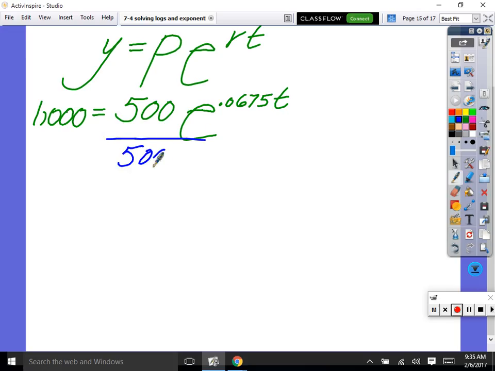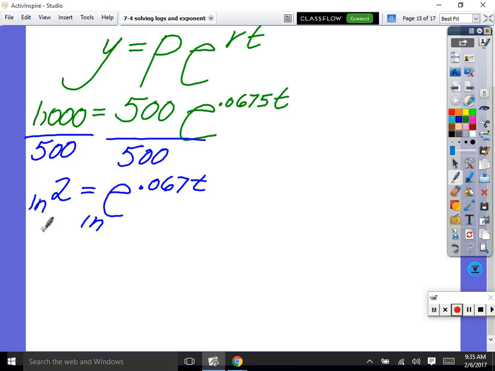Divide by 500, right? 2 is equal to e raised to the 0.0675t. Now I'm solving for t, so when I ln both sides, ln of 2 equals, ln and e undo each other, 0.0675t.